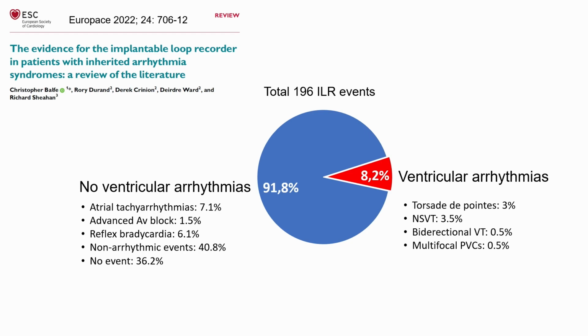Atrial tachyarrhythmia 7.1%, advanced AV block 1.5%, reflex bradycardia 6%, non-arrhythmic event 40%, no event 36%. Ventricular arrhythmia was documented only in 8% of these patients. Torsade de pointes 3%, bidirectional ventricular tachycardia 0.5%.